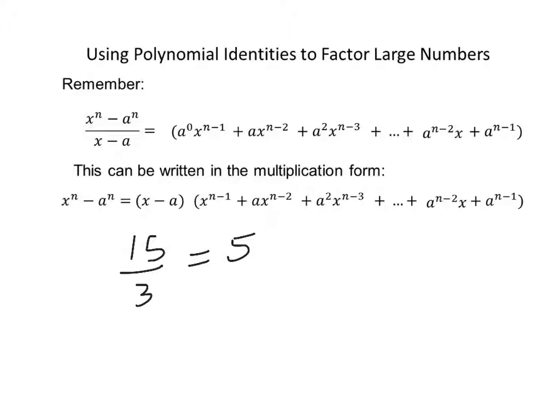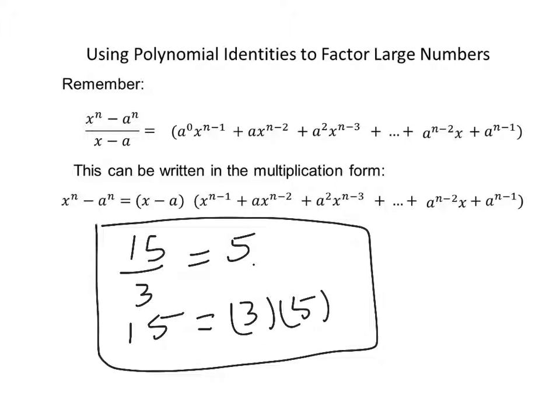I can actually rewrite this as 15 equals 3 times 5. If you just cross multiply, or just recognize that if you divide a number to get the number back, you multiply. So 15 equals 3 times 5. This is the form that we're going to be using in this video, in this skill.